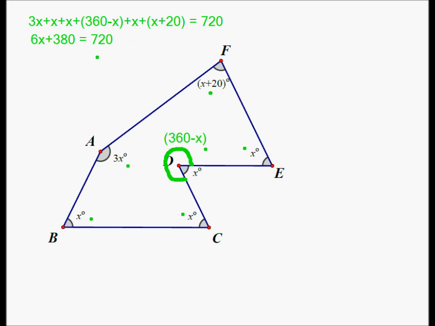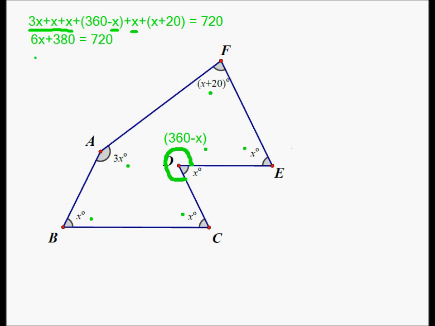So what did I do here? 3x plus x is 5x, and I can cancel this x and this x, and plus this x is going to be 6x. So these cancel each other, so I have 6x, and 360 plus 20 is 380.